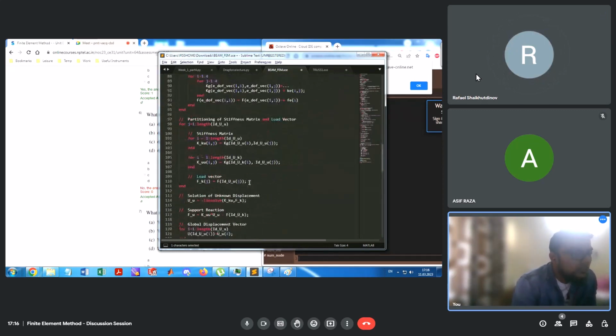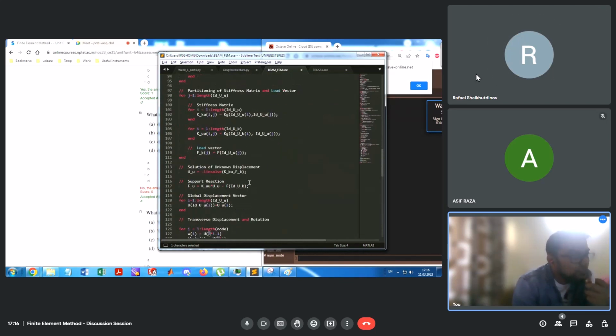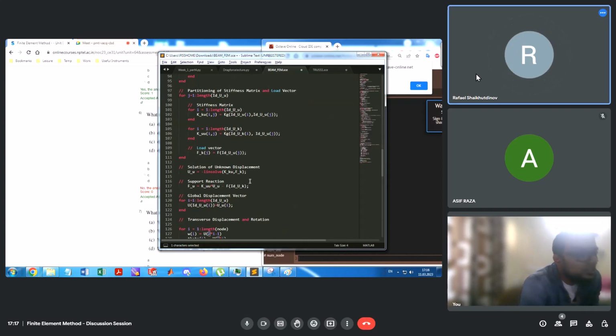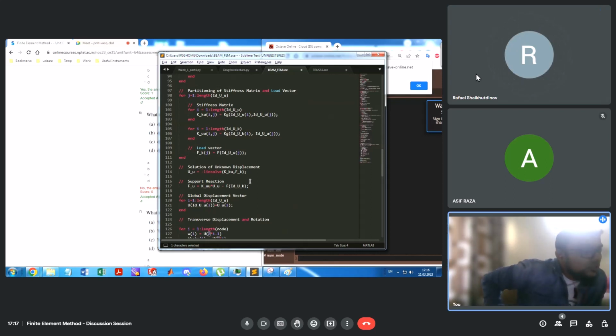Yes. Now this is partitioning of the stiffness matrix and load vector. The length is 10. We are just assembling. We had the global stiffness matrix as 1, 2, 3, 4, 5, 6, 7, 8, 9, 10, 11, 12, 13, 14 in the original order.